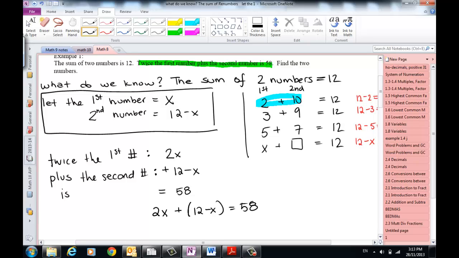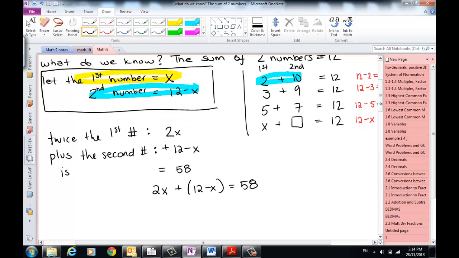And the last sentence says, find the two numbers. I want to know what the first number is and what the second number is. So I'm going to solve for x, and then I can find out what the first number is, and using x I can find the second number. So here I have 2x, and I'm adding 12, and I'm adding negative x, and that's equal to 58.